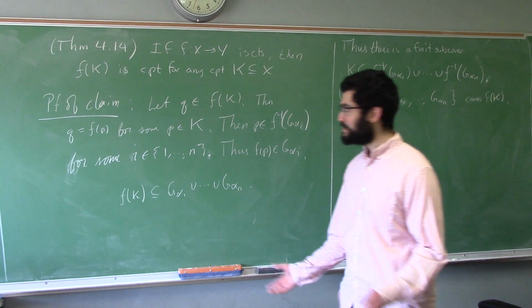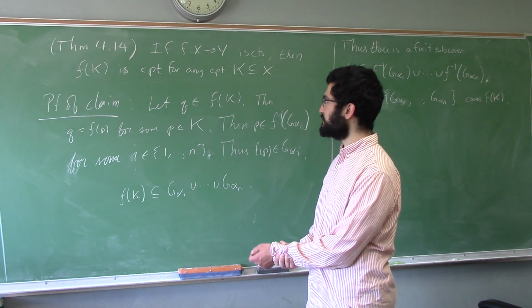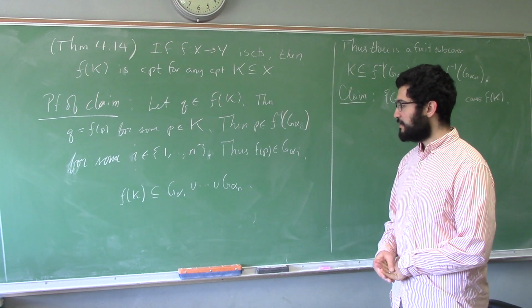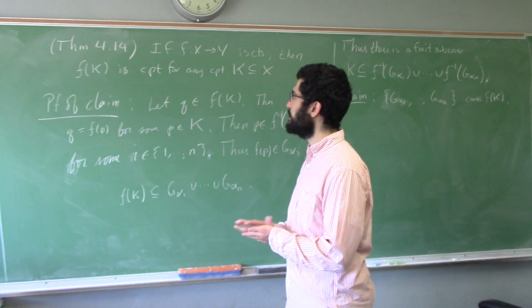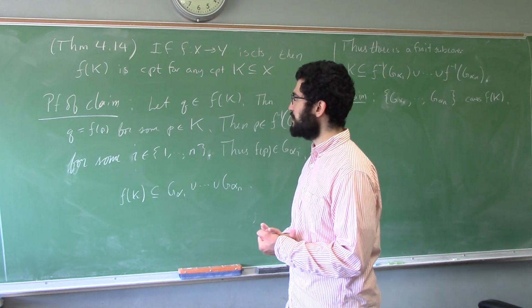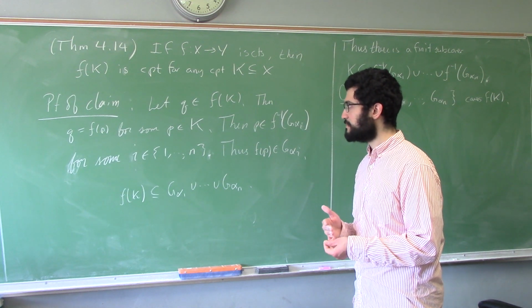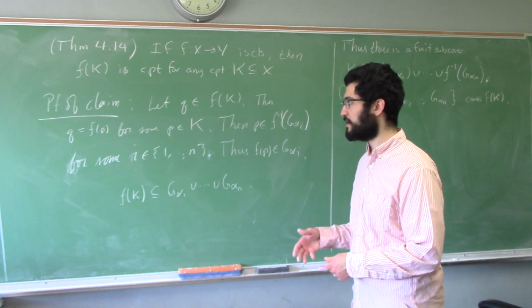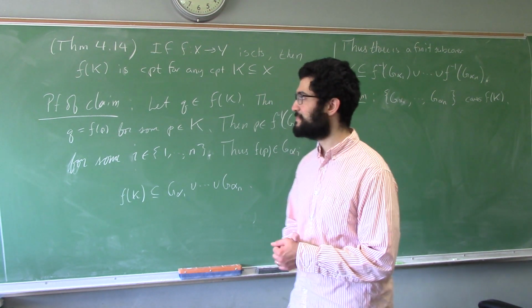Okay, so the continuous image of a compact set is compact. That's a general fact about metric spaces. One thing I find interesting about this is that it's really pretty easy. This was all very straightforward coming from the definition of compactness.